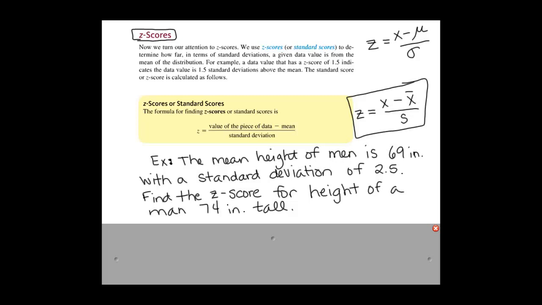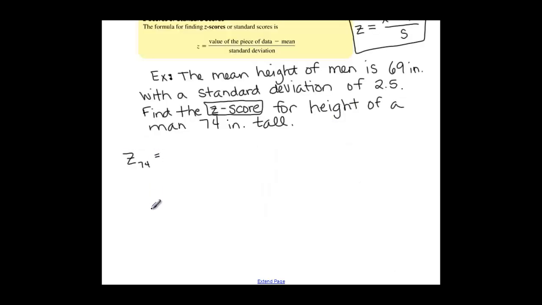This example says the mean height of men is 69 inches with a standard deviation of 2.5. Find the z-score for a height of a man 74 inches tall. So when we find the z-score, the standard score, one way of noting that would be to mark that piece of data, 74, just so we'll remember that's what we're finding the z-score for.